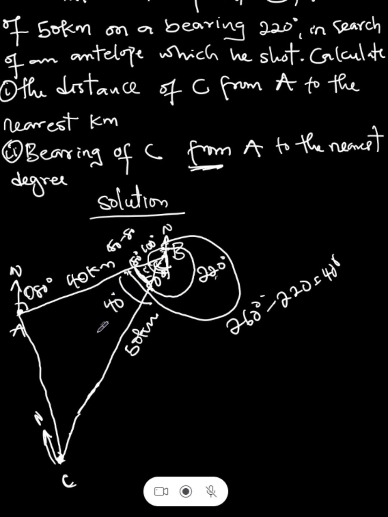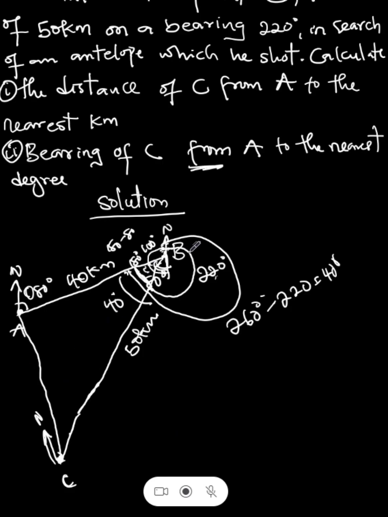So we have this angle and we have the two surrounding sides, which means we have to use the cosine rule. When you have two sides given and the angle in between them, we make use of the cosine rule to find the third side.